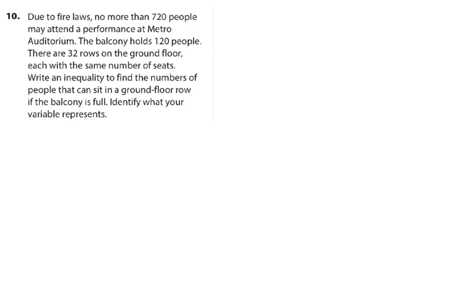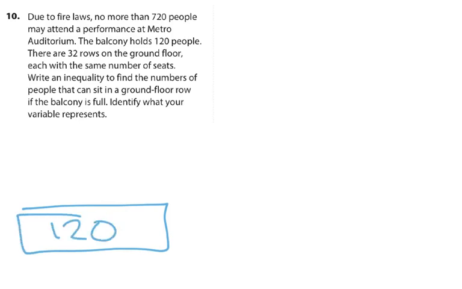Okay. Taking it one step at a time and reading everything. This time, I feel like I'm just throwing numbers in there because that's what we've been doing all along. But this time I just want to picture it for a second. So I know that we're in an auditorium, and let's pretend that the balcony section is up at the top, and I know that this holds 120 people.